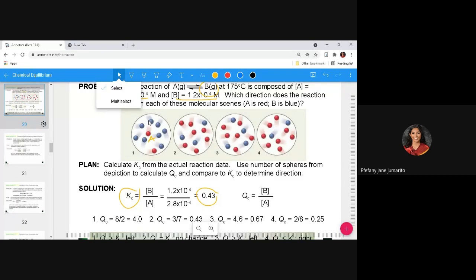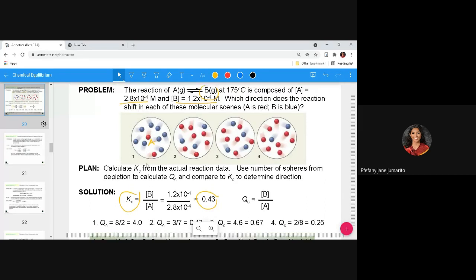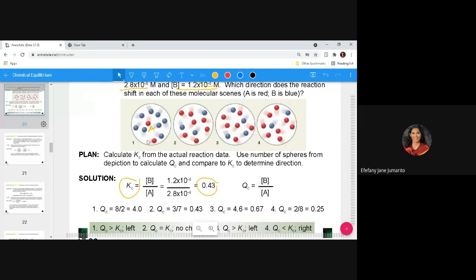So, let's count how many moles of products are present in picture 1. Picture 1 has how many moles? 8. Okay, so 8 here divided by the reactant, which is 2. So your QC is 4.0.